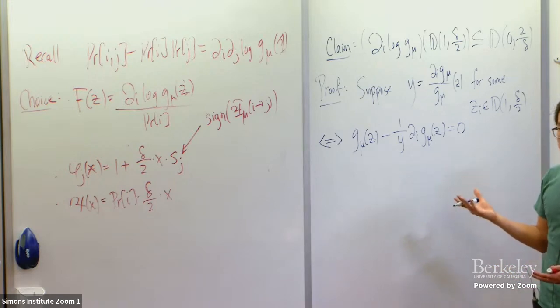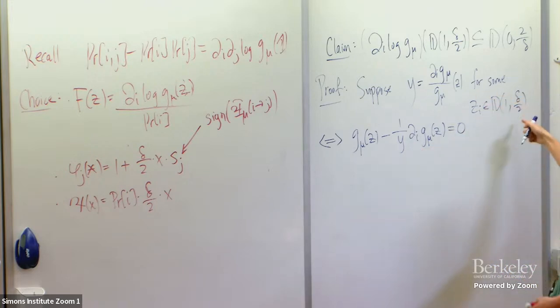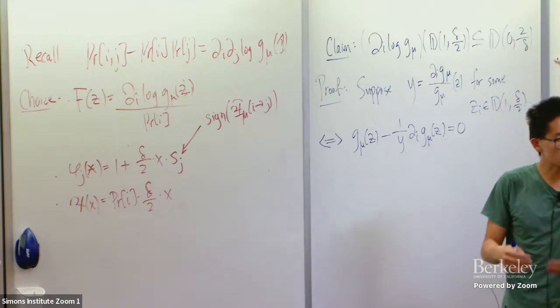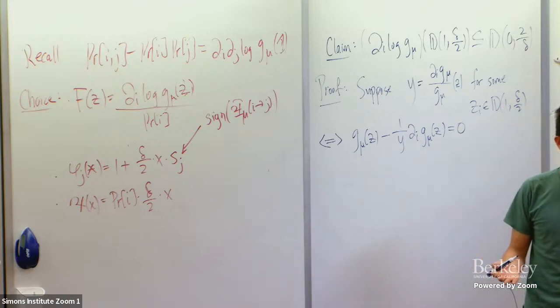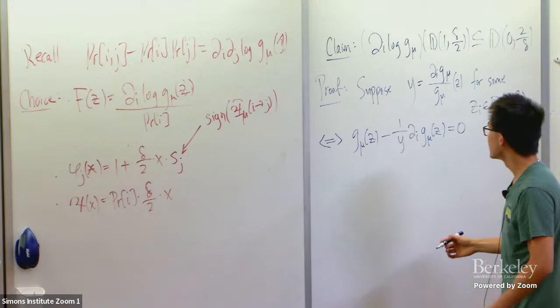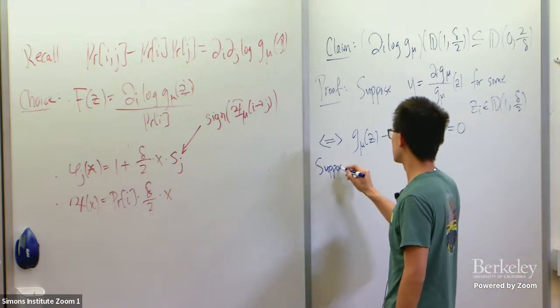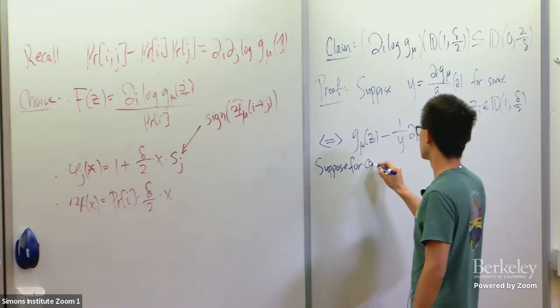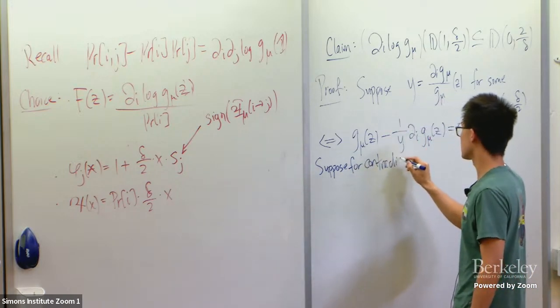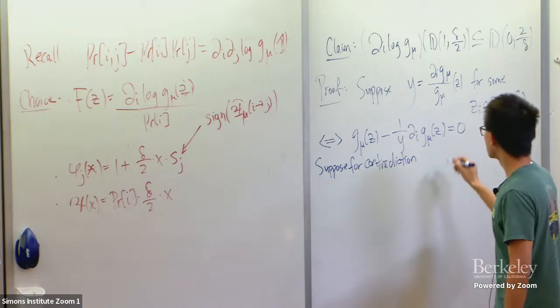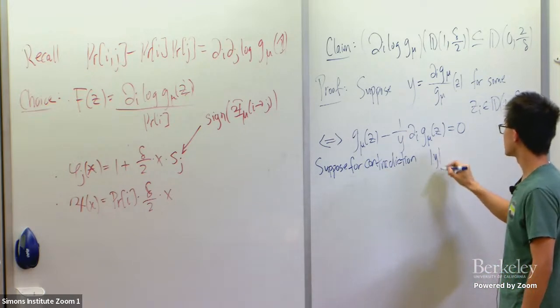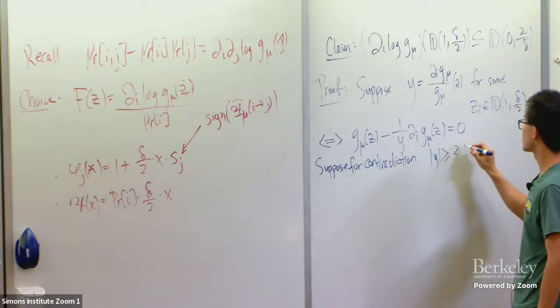Somehow I want to use the fact that g mu is non-zero inside this ball to give a proof by contradiction, basically. So suppose, for contradiction, that this y here has a large norm.